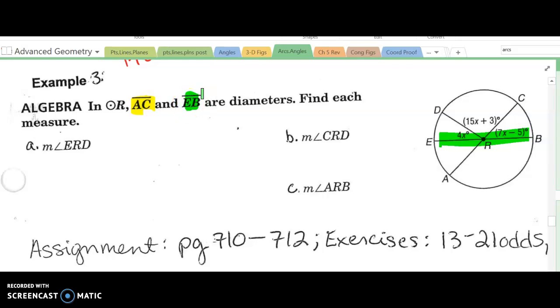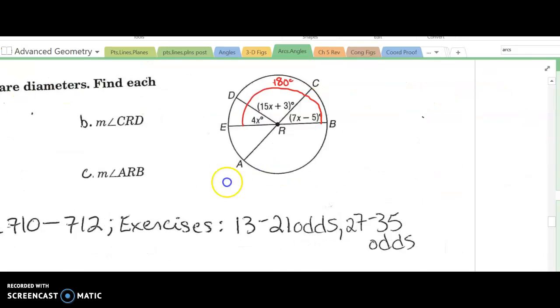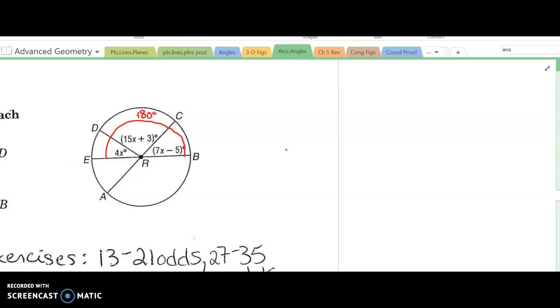Okay, so before we can find the degrees of any of these angles, we're going to have to first solve for x. And so the strategy I would use would be, because EB is a diameter, we know that this part of the circle is 180 degrees. So I would come over here to my side work and solve this equation.